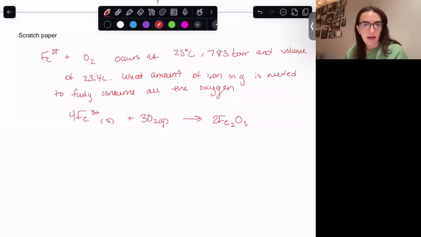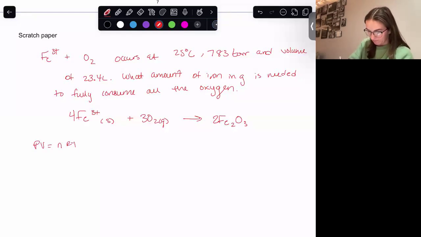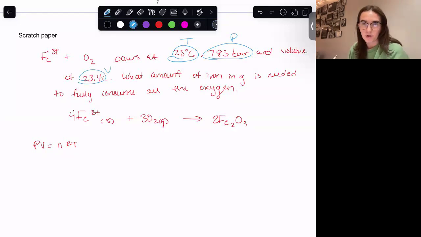And then we're saying that at 25 degrees Celsius, 783 torr, and a volume of 23.4 liters is what the reaction is happening at. This means that we can solve for the number of moles of oxygen because given PV equals nRT, we have temperature, we have pressure, and we have volume. We just don't know n, so we can solve for that.